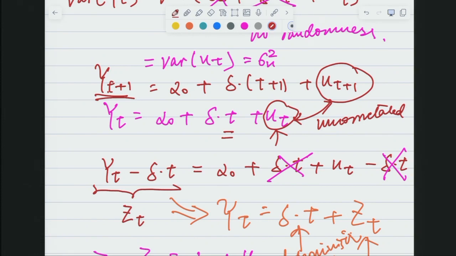We impose no restriction on whether they are correlated or uncorrelated. But the random walk is the accumulation of the white noise shock, and the white noise has zero correlation. So the random walk is a special case of a stochastic trend in the sense that it's the accumulation of a mean zero stationary process with zero correlation.